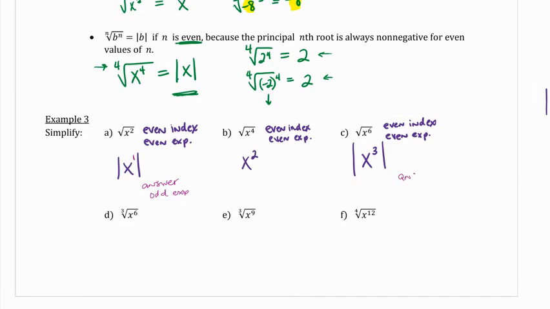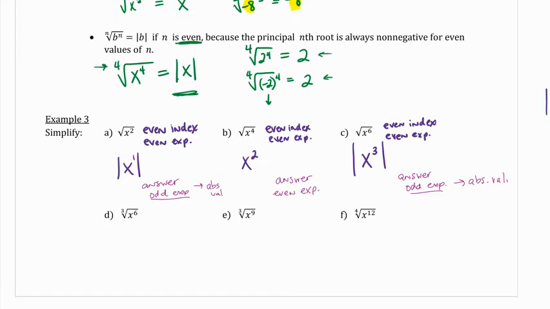And this one, the answer has an odd exponent. But this one, the answer has an even exponent. When you see the odd exponent, that means we need absolute value. So these two, odd exponent, we need absolute value. With the even exponent, you don't need it. You're good.